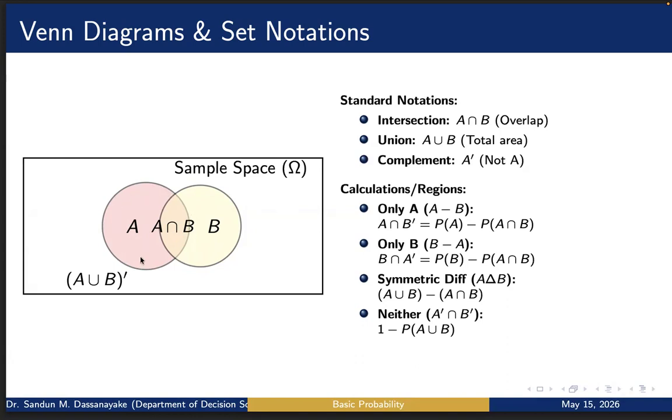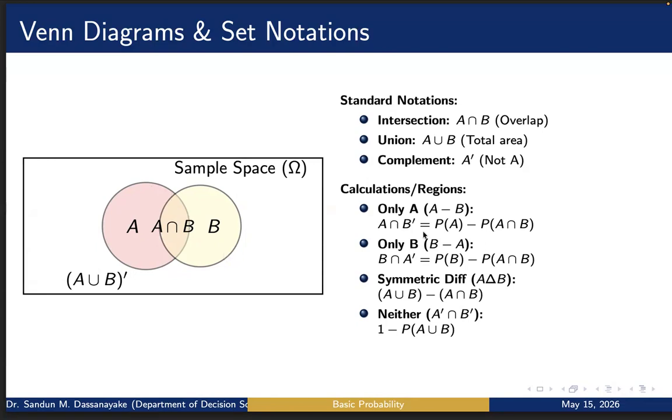So A intersection B means they are working in Colombo and they are engineering graduates. Only A means A minus B, which means this little rose color part excluding whatever is related to B. So working in Colombo and nothing to do with engineering, so all the other people working in Colombo except engineering graduates.